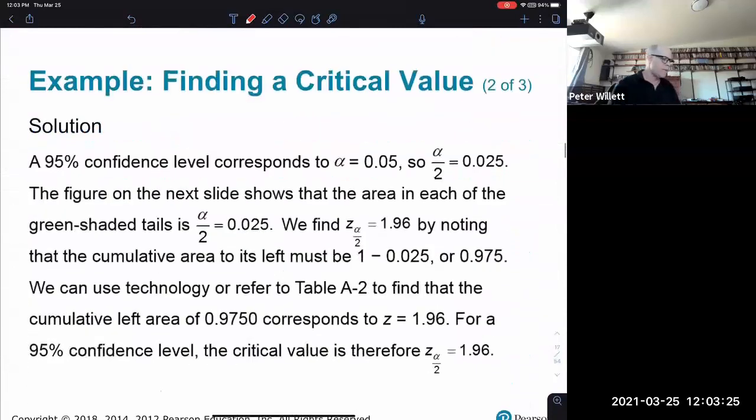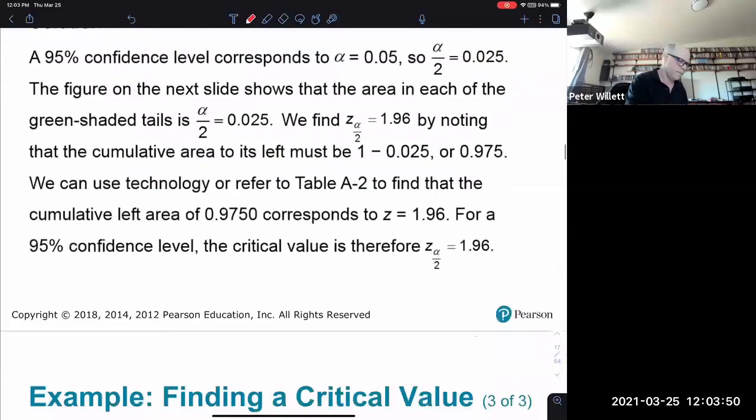They're going to say a 95% confidence level corresponds to alpha equaling 5%. So alpha over 2 is 2.5%. The figure on the next slide shows that the area in each of the green shaded tails is 2.5%, and on the right end you need a z-score of 1.96.